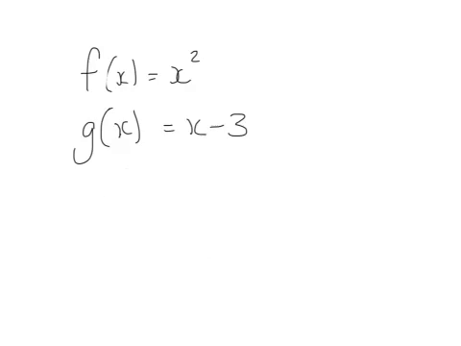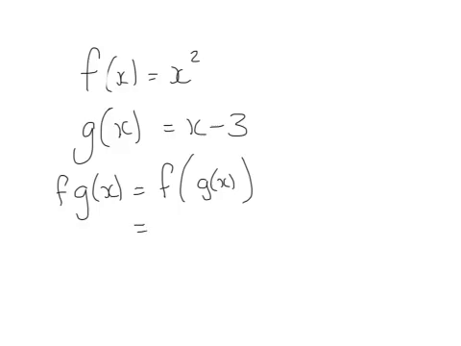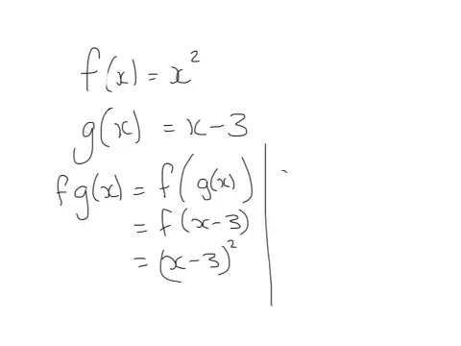If you want to do it abstractly, you can do that as well. So f of g of x, that would mean that we're doing f to g of x. Now g of x is x minus 3. So what we're doing is f, which squares things, and we're doing it to x minus 3. So that will be x minus 3, all squared. Or we could do g of f of x. This is doing g, which takes 3 off things, doing it to f, which squares things.